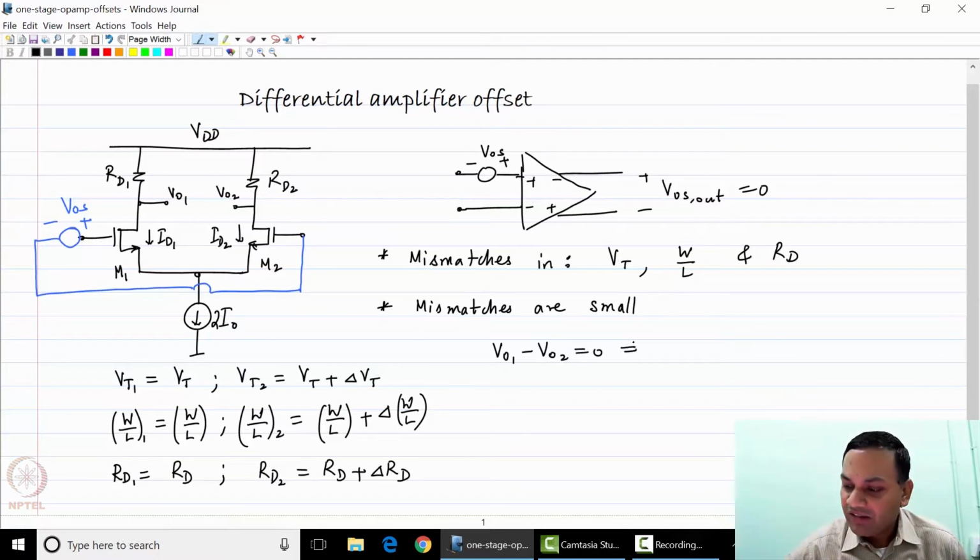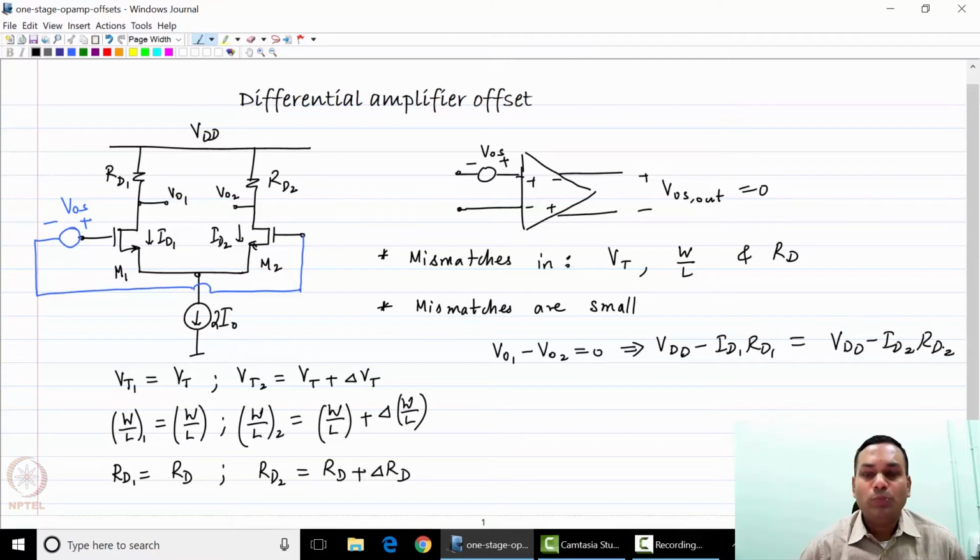Now this clearly means that VDD minus ID1 RD1 should be equal to VDD minus ID2 RD2, and this clearly means that ID1 RD1 should be equal to ID2 RD2.